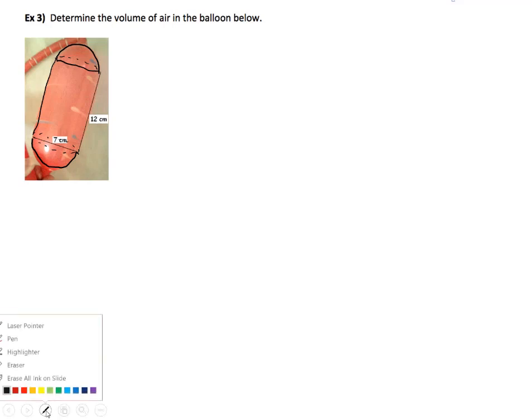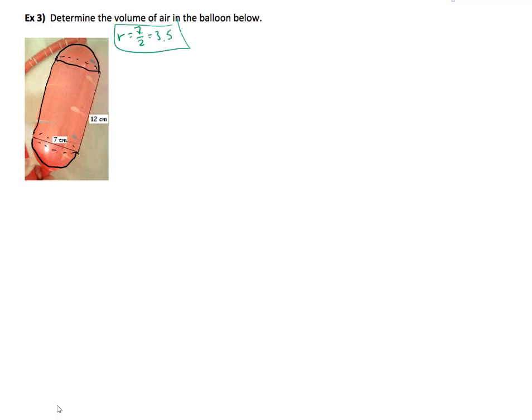Before we really dive into it, though, we need to figure out what R is, because we're given what D is. Well, R is going to equal 7 over 2, which is 3.5. Okay. So now we know R is equal to 3.5. We can move forward. Let's start with our volume of a sphere. Volume of a sphere is 4 pi r cubed all over 3.